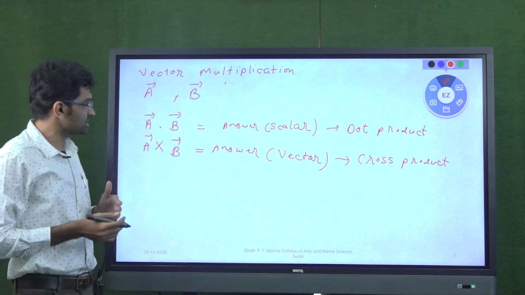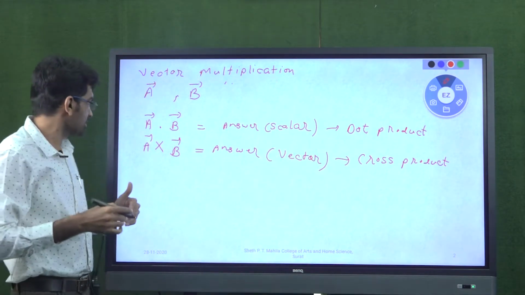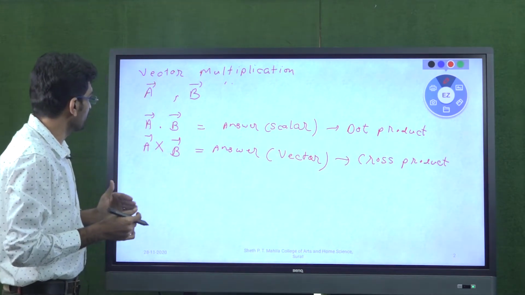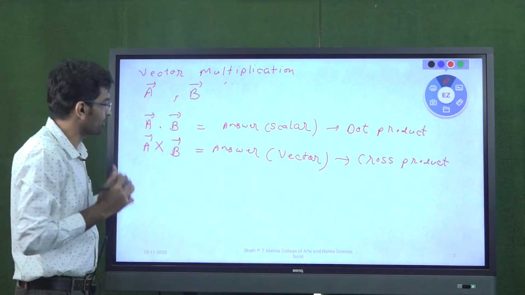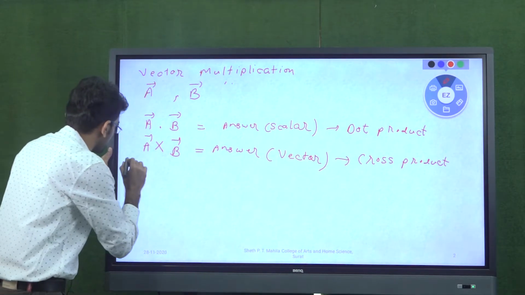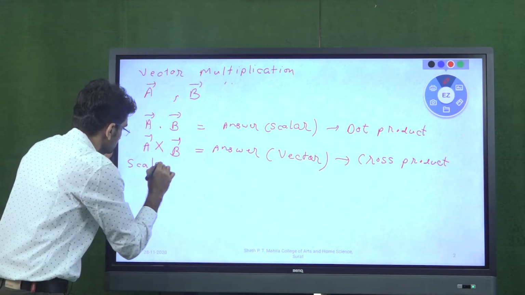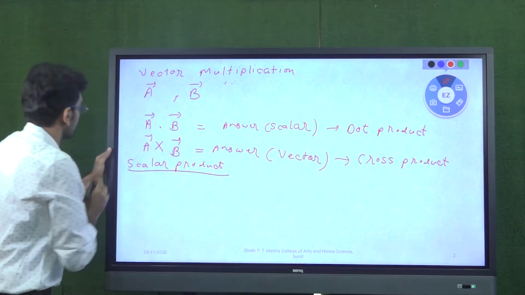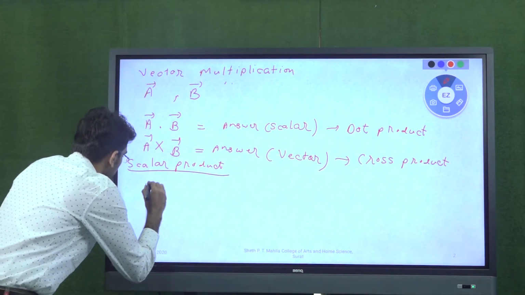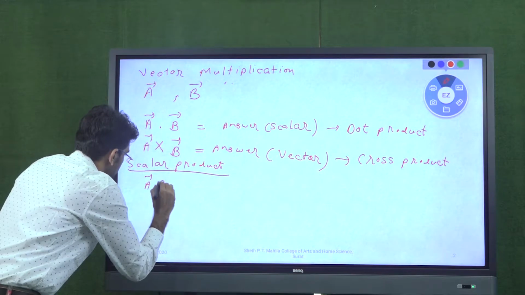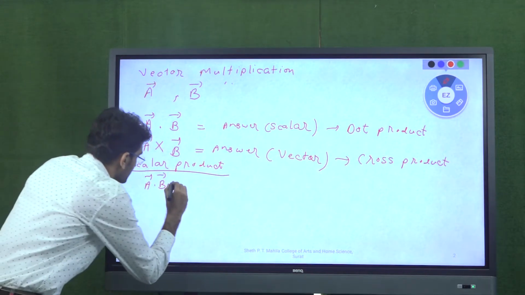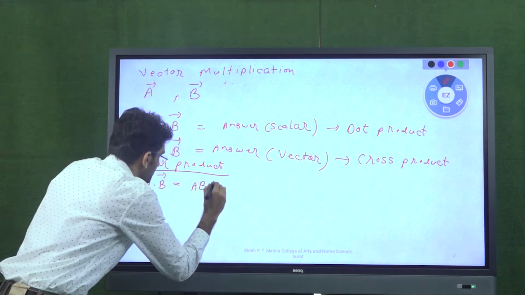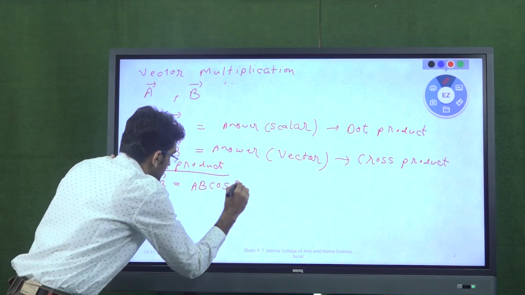Now we will understand these one by one, and the properties of the scalar product and vector product. First of all, we will start with the scalar product. As far as the scalar product is concerned, this A dot B can be written as AB cos theta.